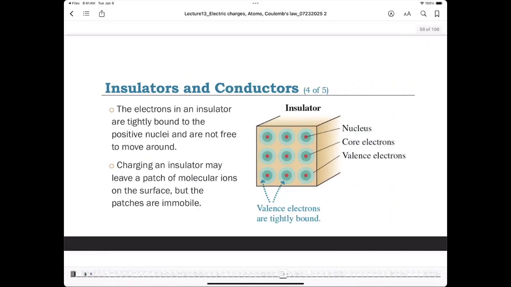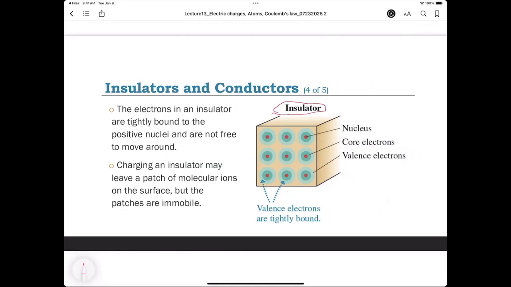Let's talk about insulators and conductors, and why a conductor can transfer charges but an insulator cannot. You can see this is an insulator.